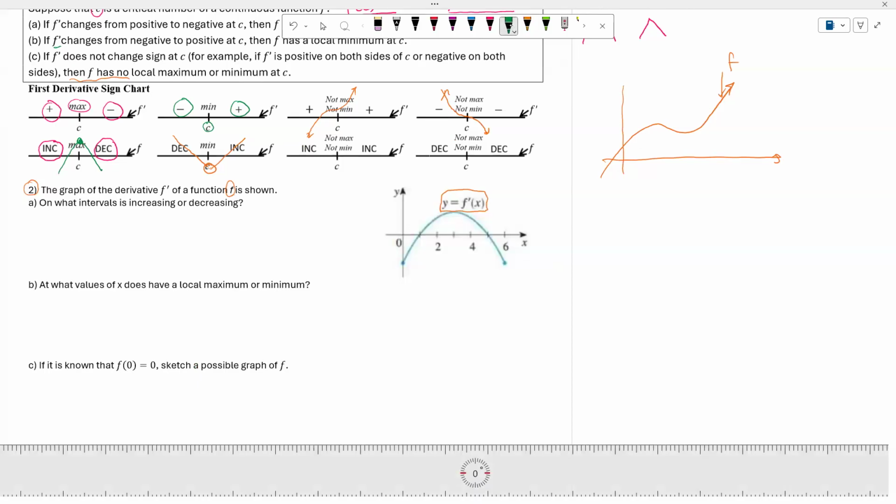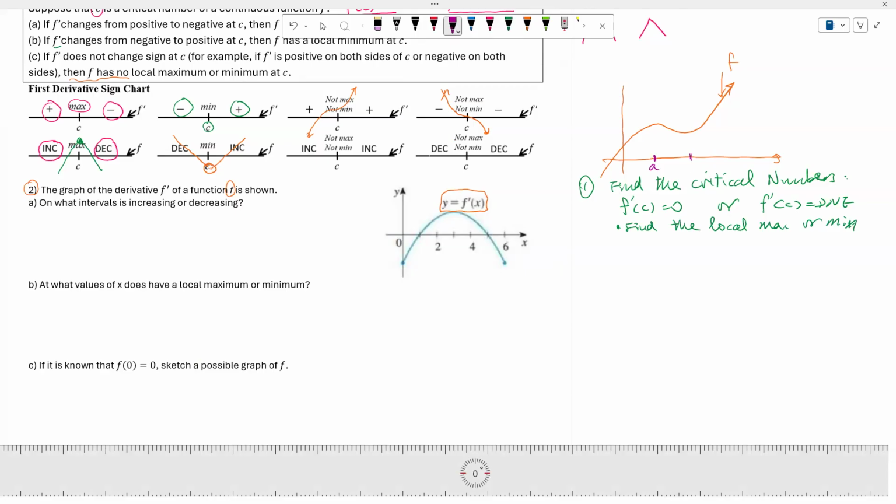First, we try to find the critical numbers, meaning f prime of c equals 0 or f prime of c does not exist. Basically, we want to find the local maximum or minimum of the function.